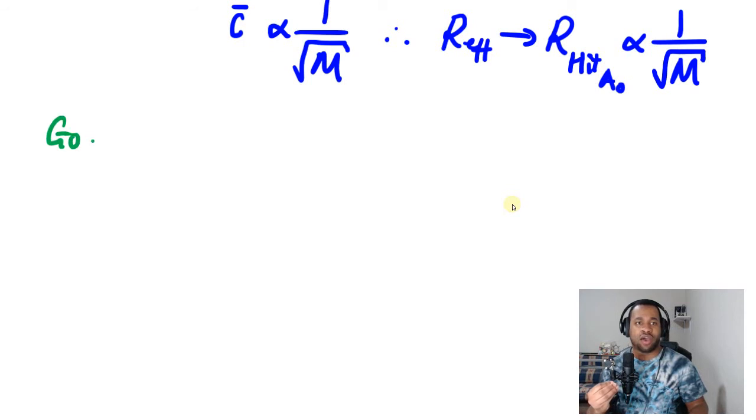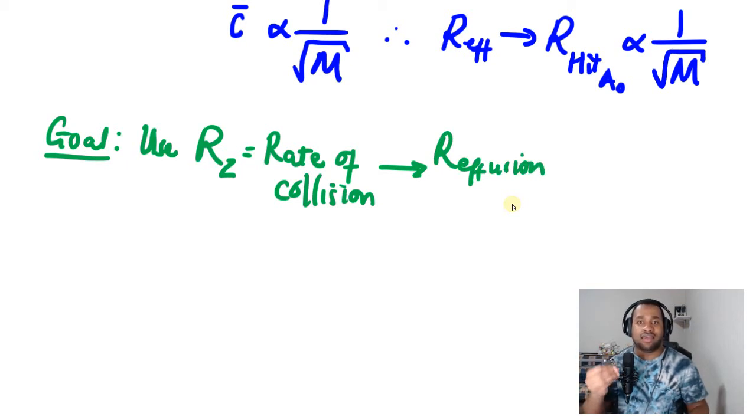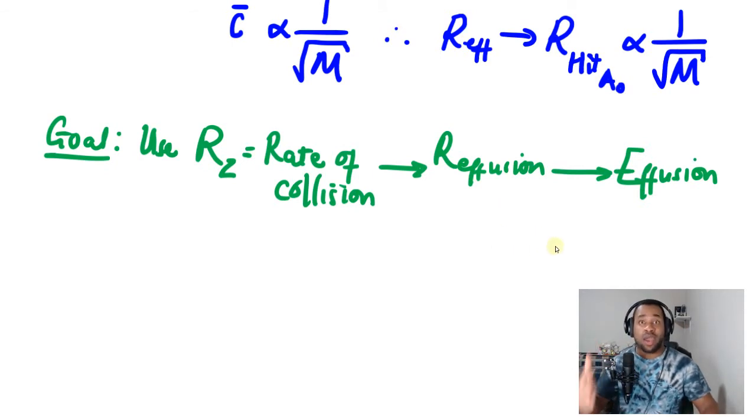Our goal is to use the rate of collision, which is represented as RZ, and this rate of collision between particles and the surface is going to link us to the rate of effusion. So in this video we are going to go through these steps one by one and, as a result, derive our formula.